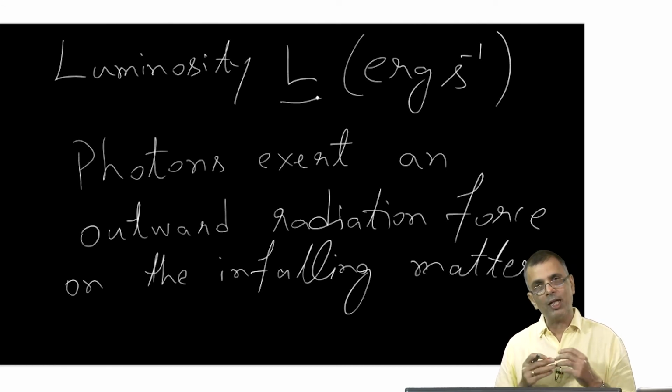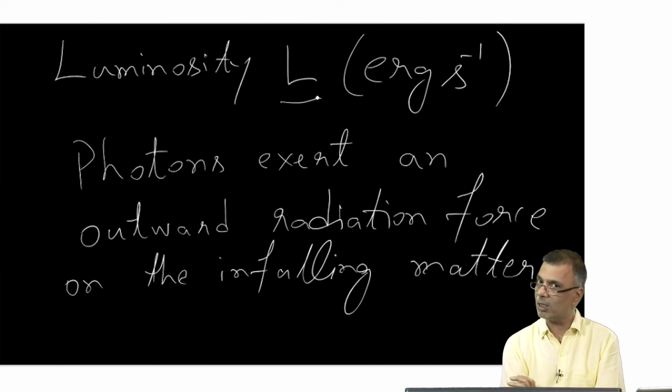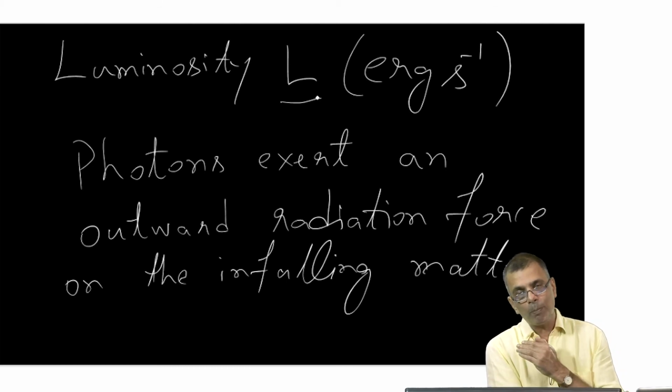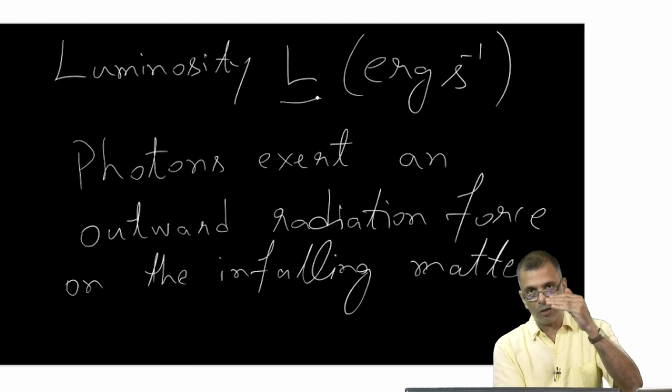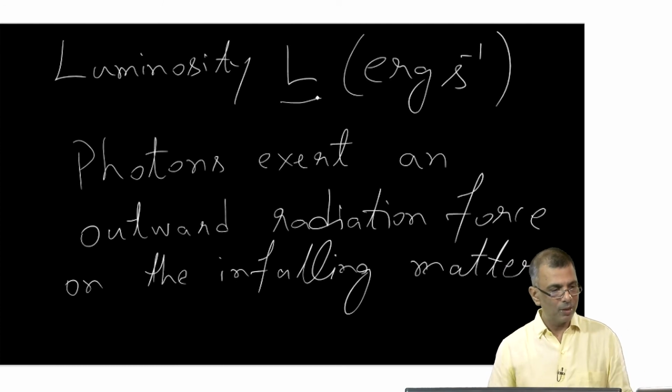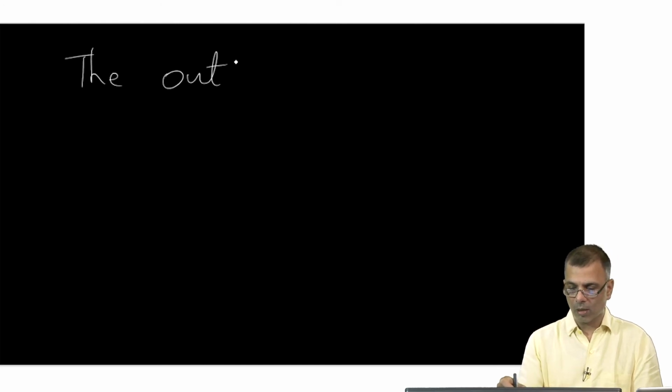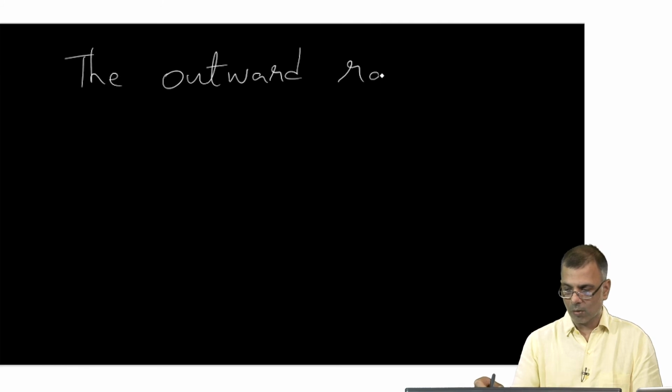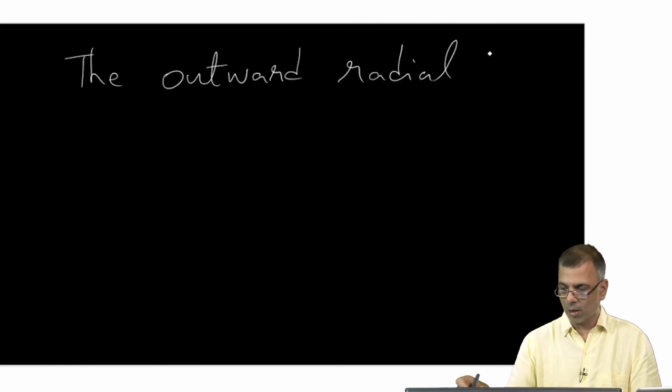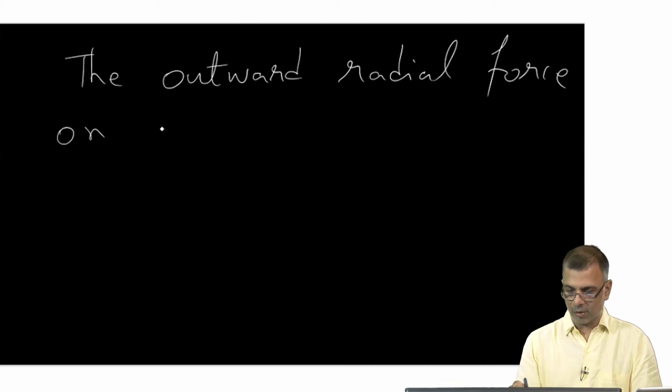And the photons carry momentum. We know this, photons might not have mass, but they have momentum, right? And the photons, since they have momentum, they can exert a force on the infalling matter. Okay? So the outward radial force on an electron.